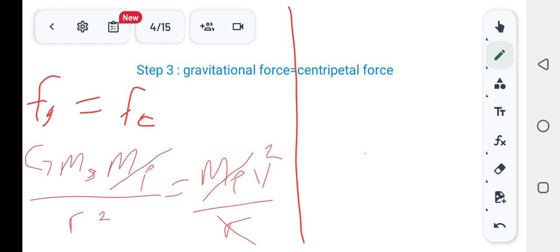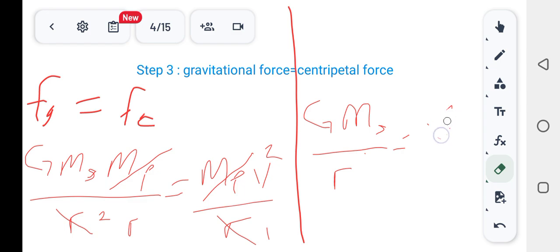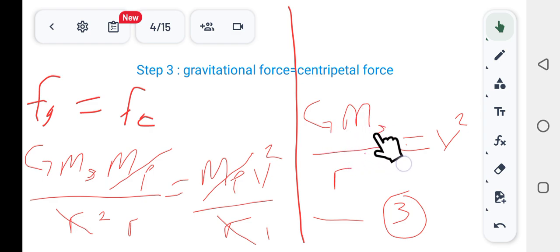So r cancels r squared, and the r remains. When we finish the cancellation we are left with this expression, which is our equation 3: v squared equals the product of the universal gravitational constant and the mass of the sun, all over r, which is the distance.